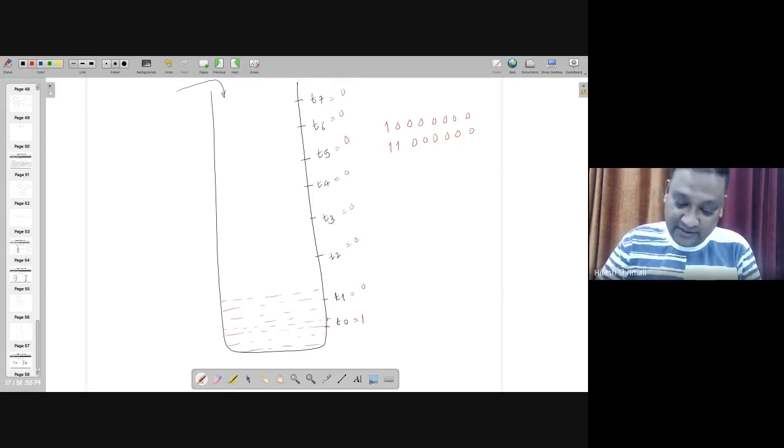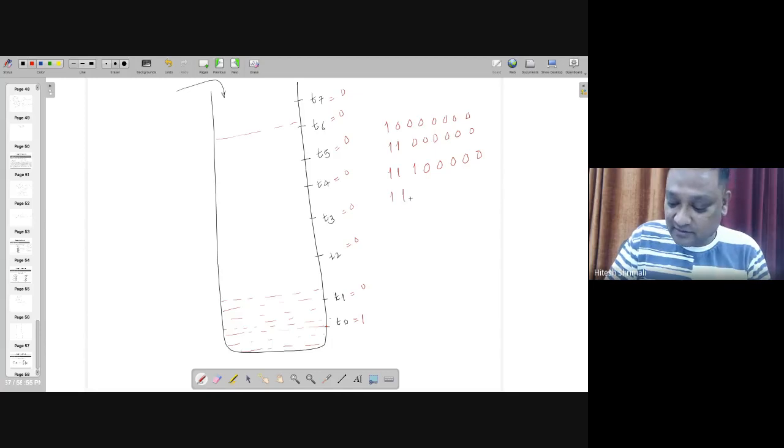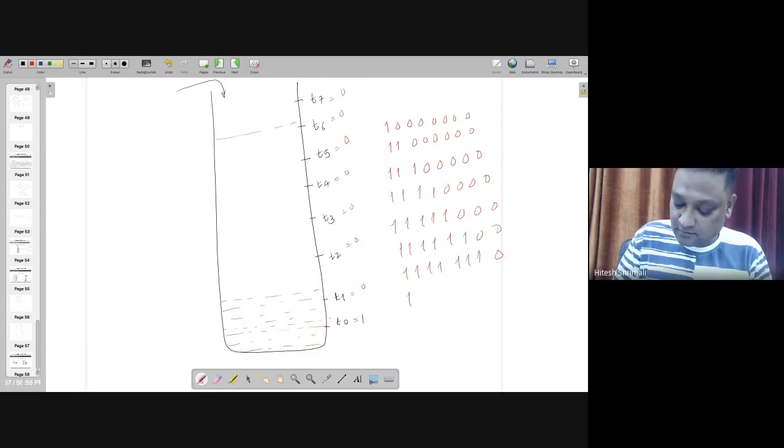Note that there are 8 levels given, and as you increase progressively, as the water is increasing, you can see that you are increasing these bits, and there is a possibility that you will have only such combinations, right?